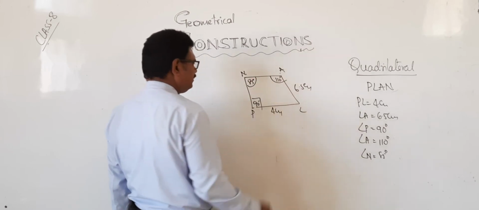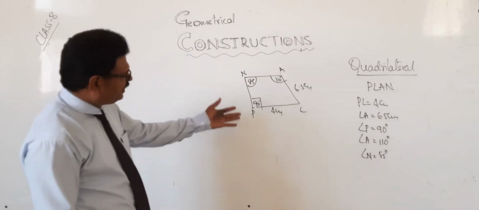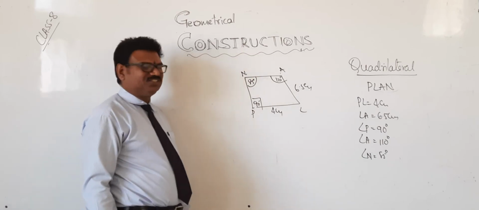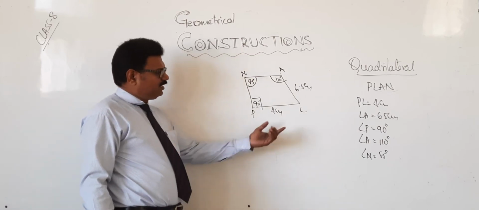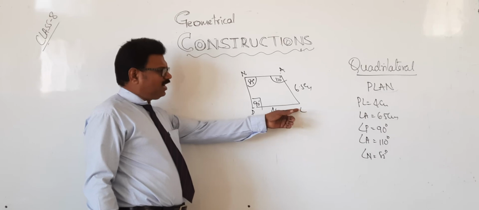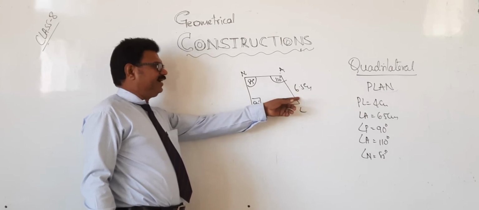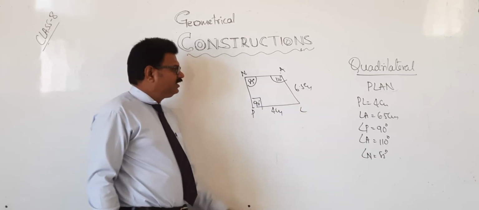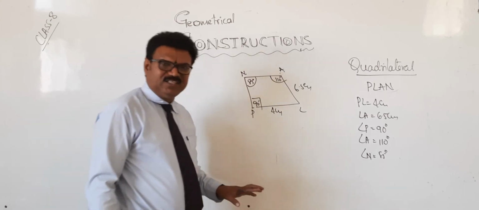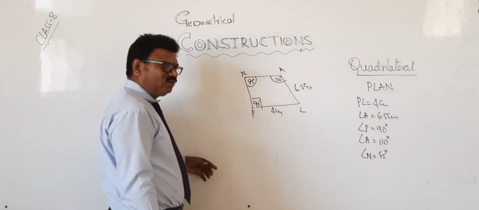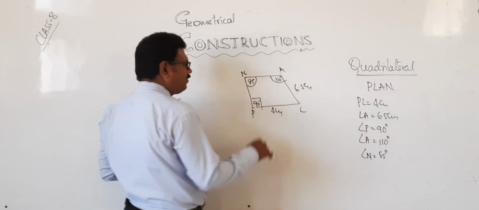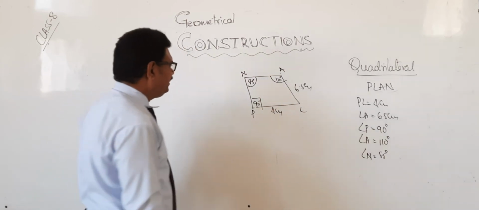If you take it like this, it is not possible to construct. If you take this as base, there is no angle here. Or if you take that as base, here there is no angle. So three angles are given. The fourth angle we can find very easily because the sum of the four angles is 360.